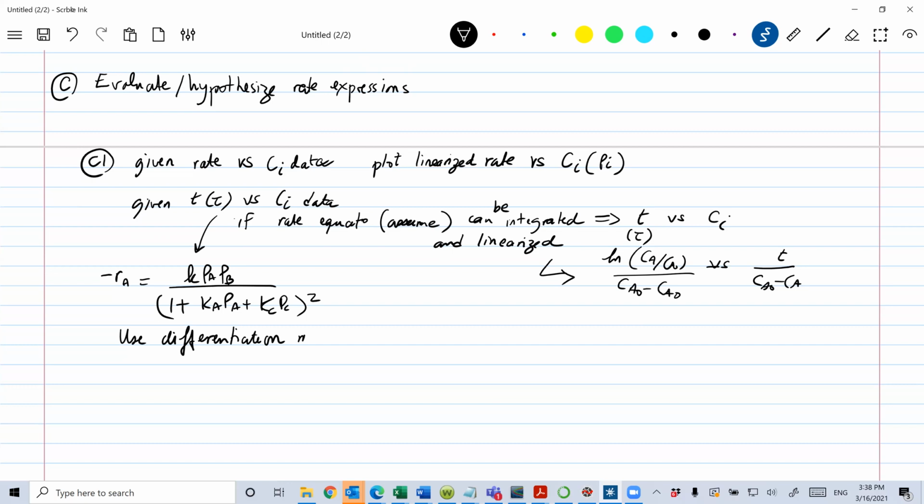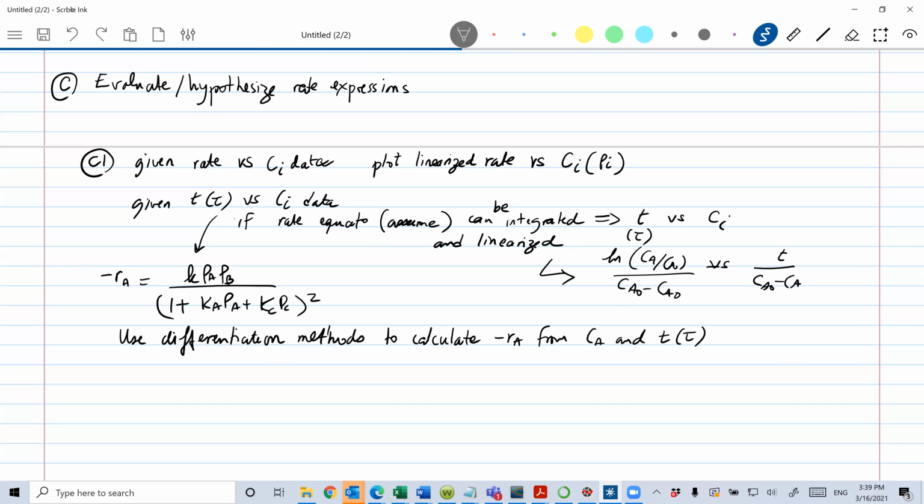We looked at three different ones: a polynomial one, and two graphical ones, to calculate minus r_A from C_A and t. So that's pretty much the approach. Whether or not you'll be tested on this on Thursday is at my discretion, but I'm giving you a big picture of what we actually did.